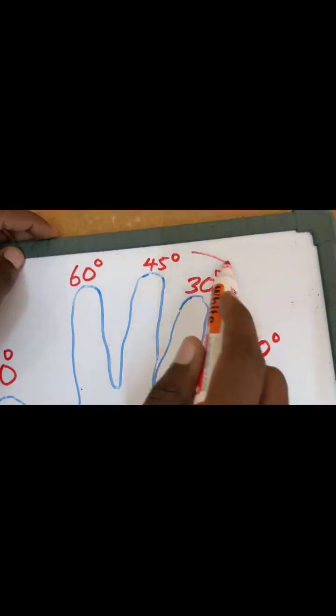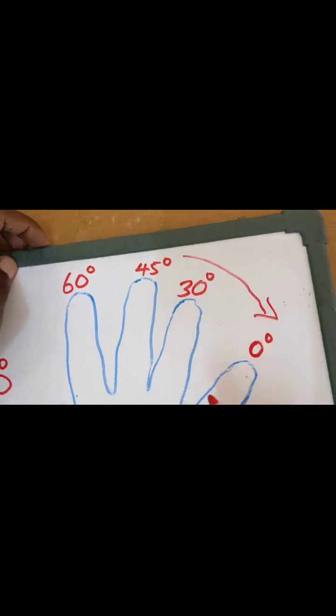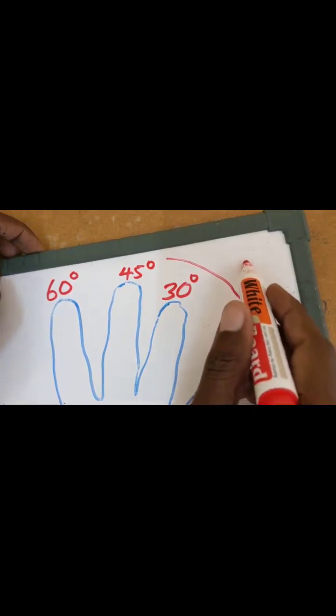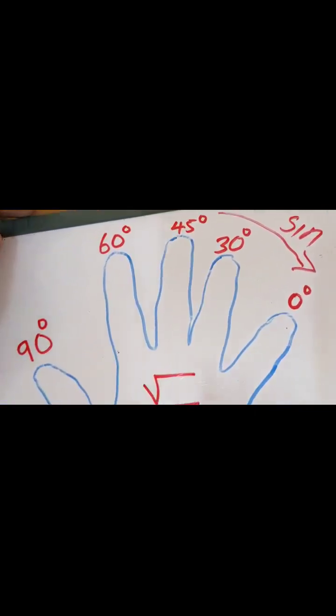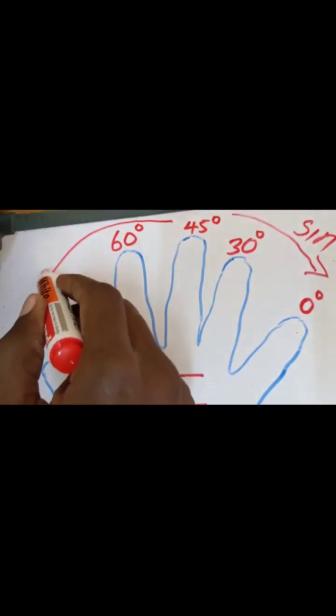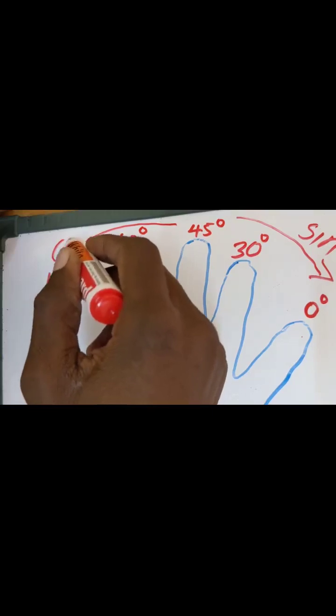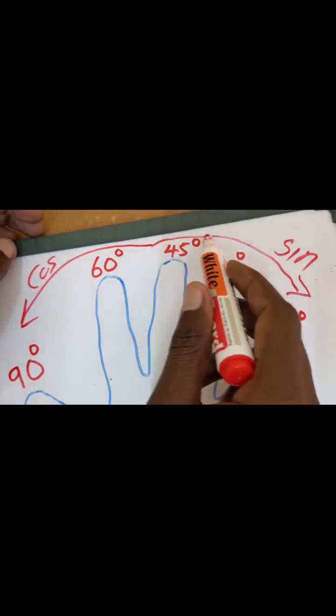The other thing that you need to know is that going this side, on your left hand side, it is sine, okay? Then going this side, it is cos, like this.